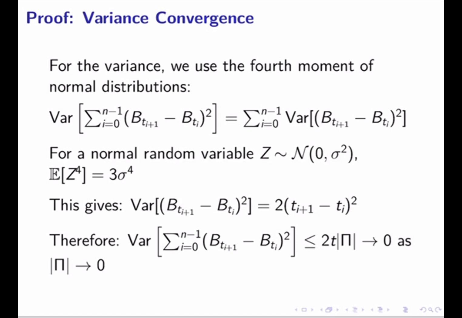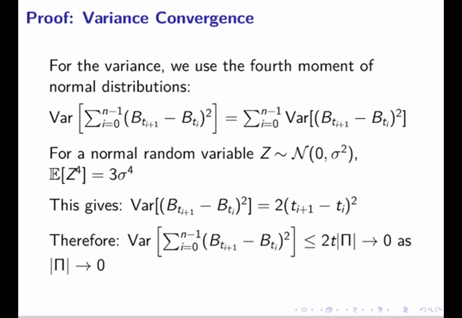For the second part, we need to show that the variance of our sum approaches 0 as the partition becomes finer. We use the fact that for normal random variables, the fourth moment equals 3 times the square of the variance, so 3 sigma to the power 4.